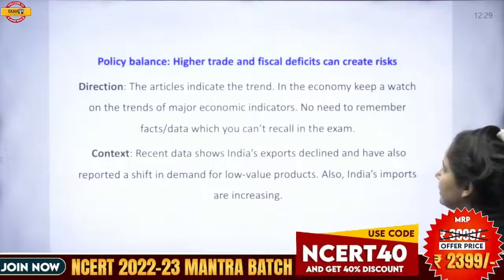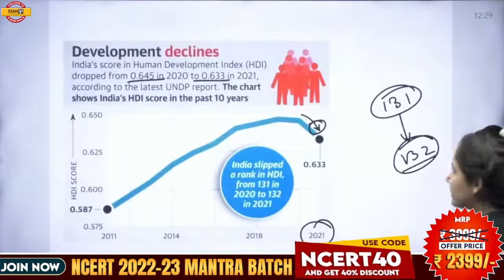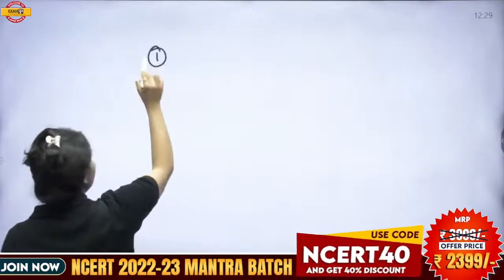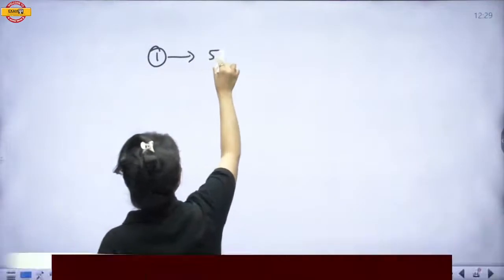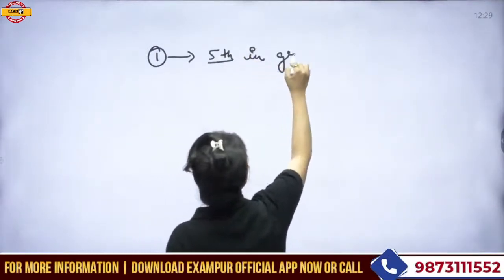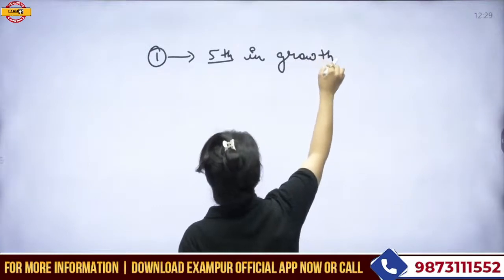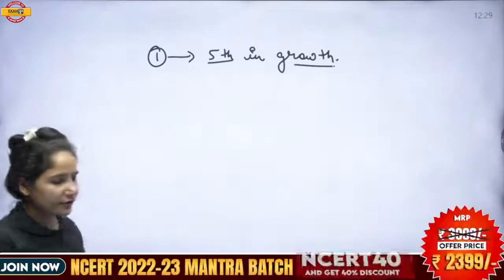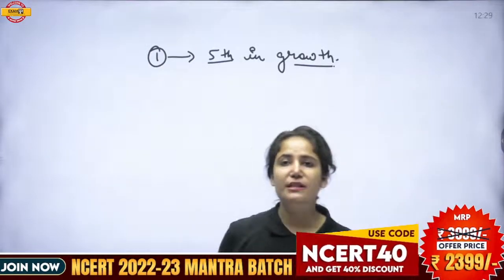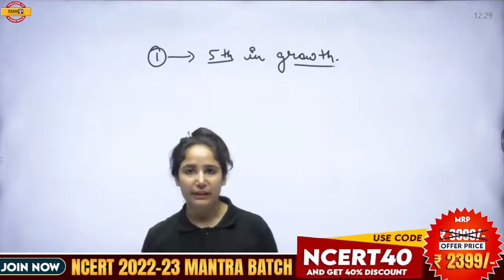Okay? So what we are just trying to talk about here, on the first perspective, we are on number 5th in growth phase. In growth phase, we are on number 5th. What do we mean by number 5th? After what countries? If we are making the comparison on the basis of income growth only.